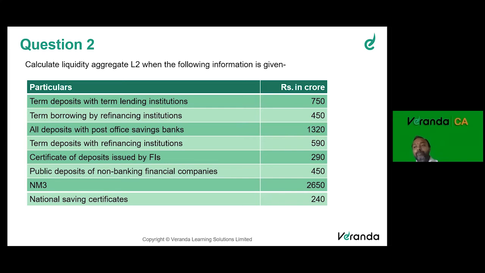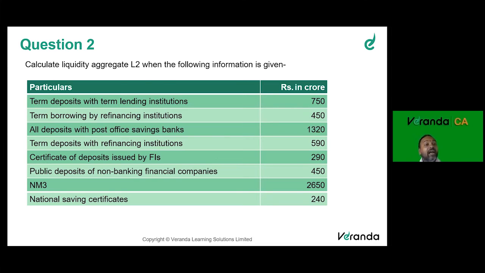L2 is nothing but your L1 plus term deposits with term lending institutions and refinancing institutions, plus term borrowing by financial institutions, plus certificates of deposit issued by FIs. So here we have to consider this 750 crores for term deposits with term lending institutions, and then term borrowing by refinancing institutions, that we also have to consider, and then certificates of deposit issued by FIs, that we have to consider.